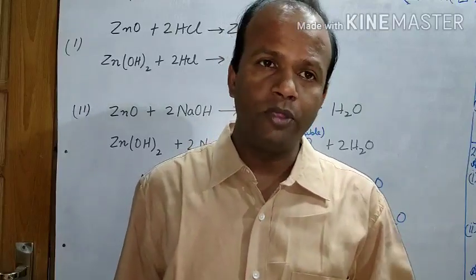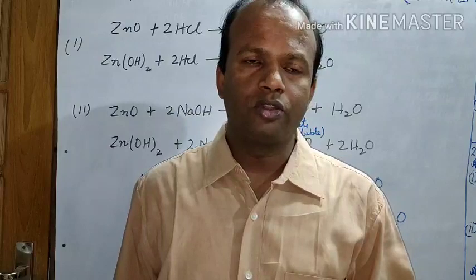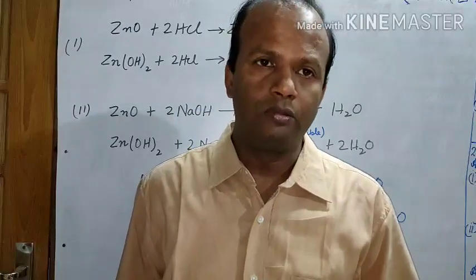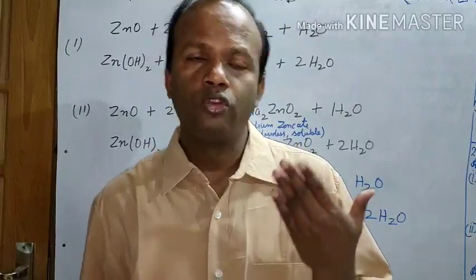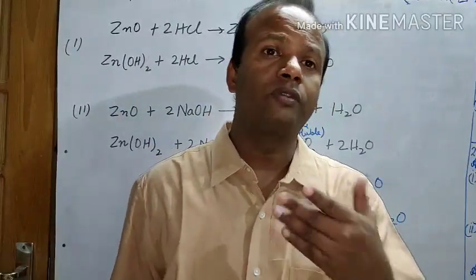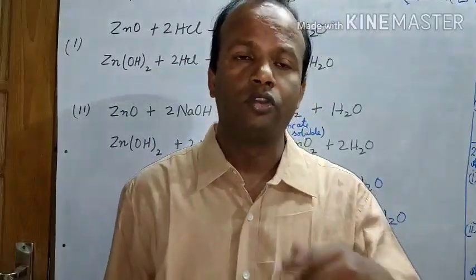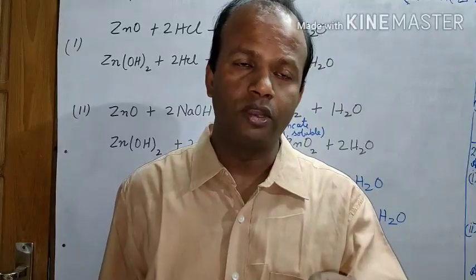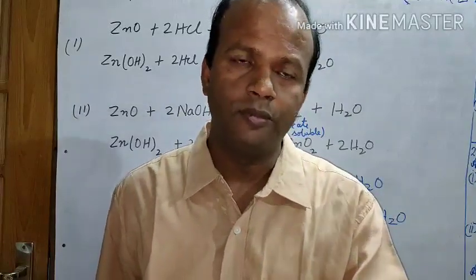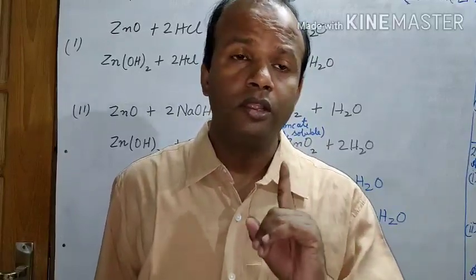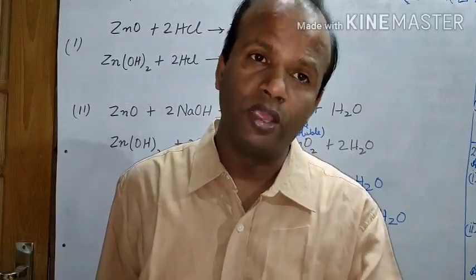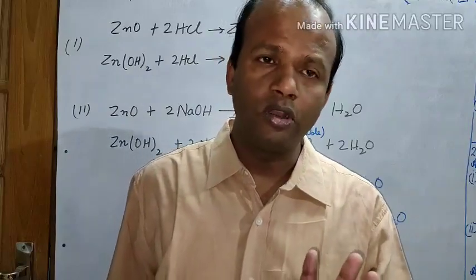Most of the metals form basic oxides. When they are basic oxides, listen properly, they will react with acids to give salt and water, but they will not react with base. Is that point clear?